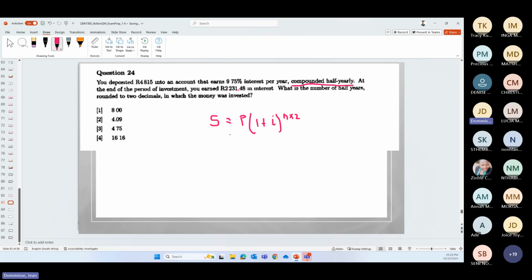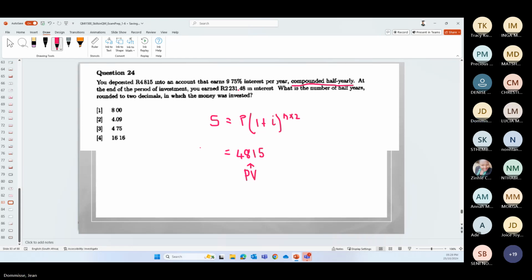So we've got the present value, which is 4815. So we can also use a financial calculator. So that will be your present value.